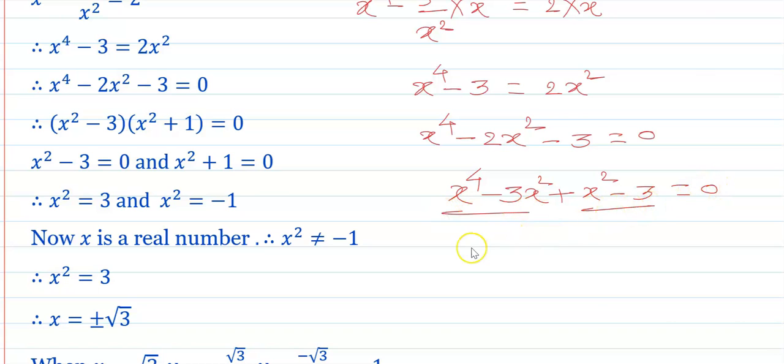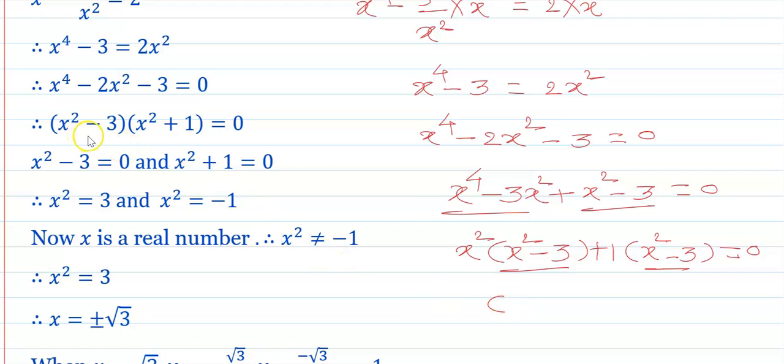You can take x square as common: x square in bracket x square minus 3, and 1 is common in bracket x square minus 3, bracket complete, is equal to 0. Therefore in the first bracket you will get x square minus 3, in the second bracket you will get x square plus 1 is equal to 0. X square minus 3 is equal to 0 and x square plus 1 is equal to 0. Therefore x square is equal to 3, x square is equal to minus 1.